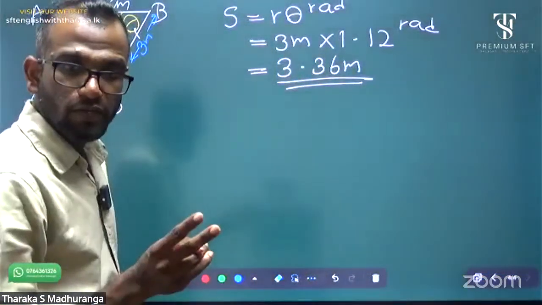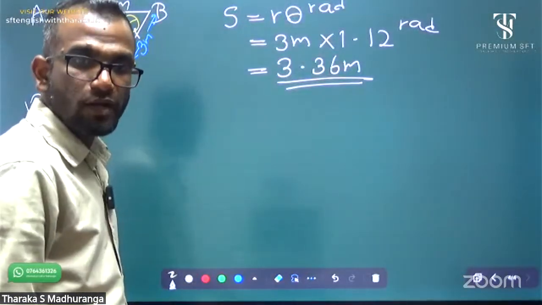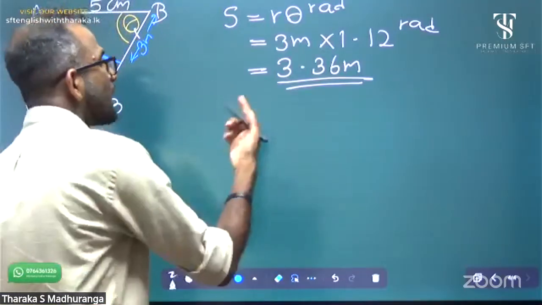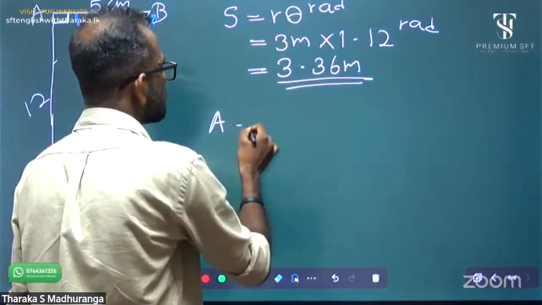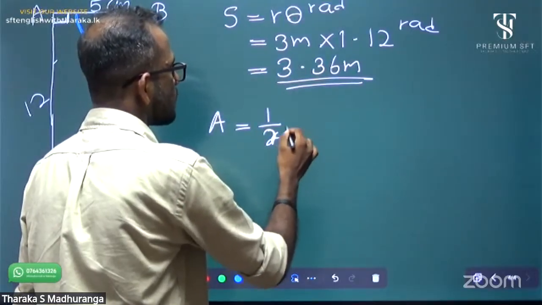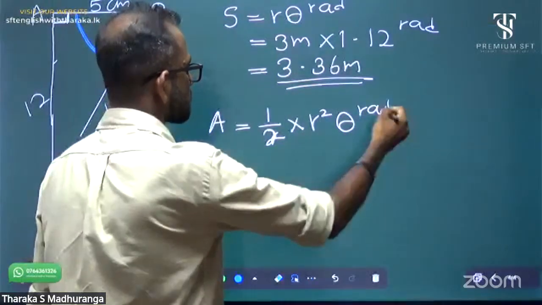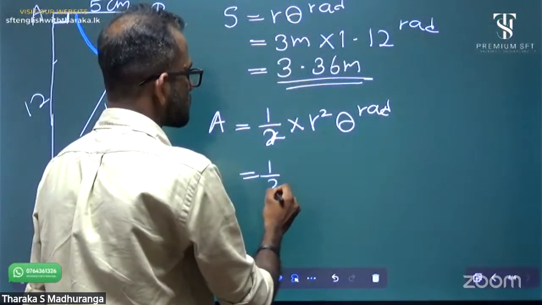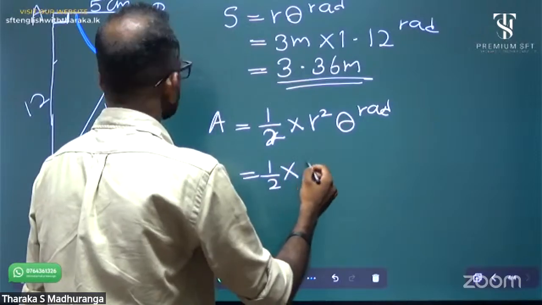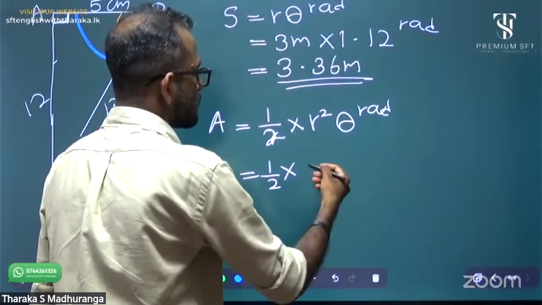Actually, we have two equations. Theta over 360 times pi r squared is for a degree angle, but the angle is in radians. Then area equals half r squared theta radian. Half r squared, r squared means 9, 3 into 3, right?